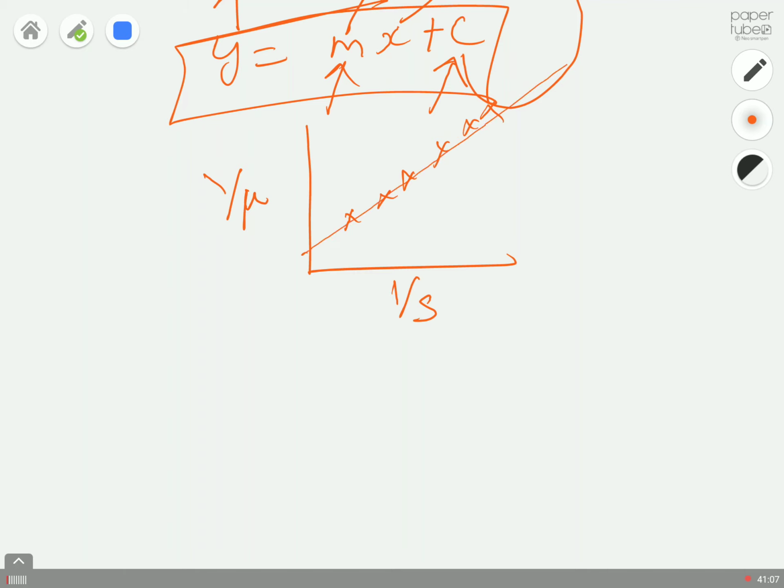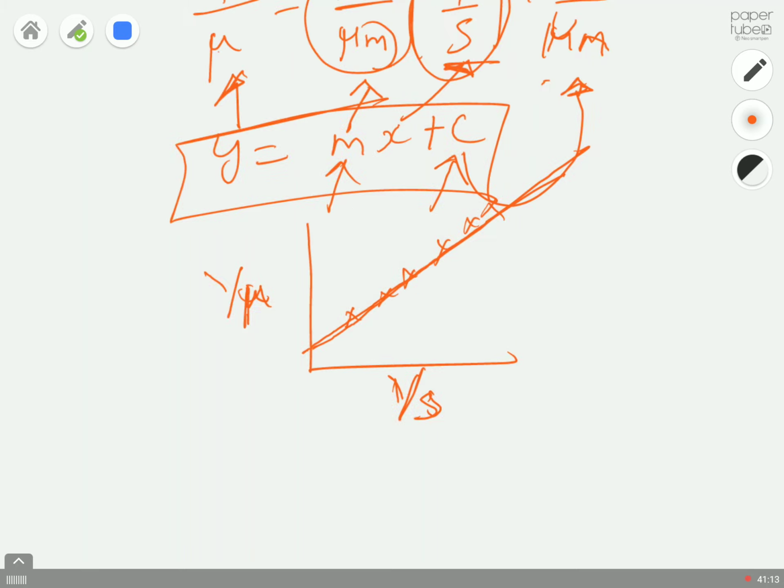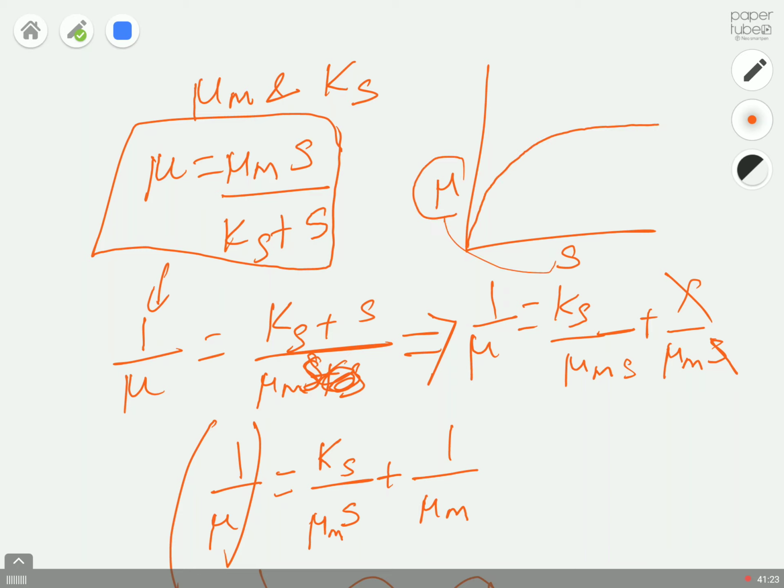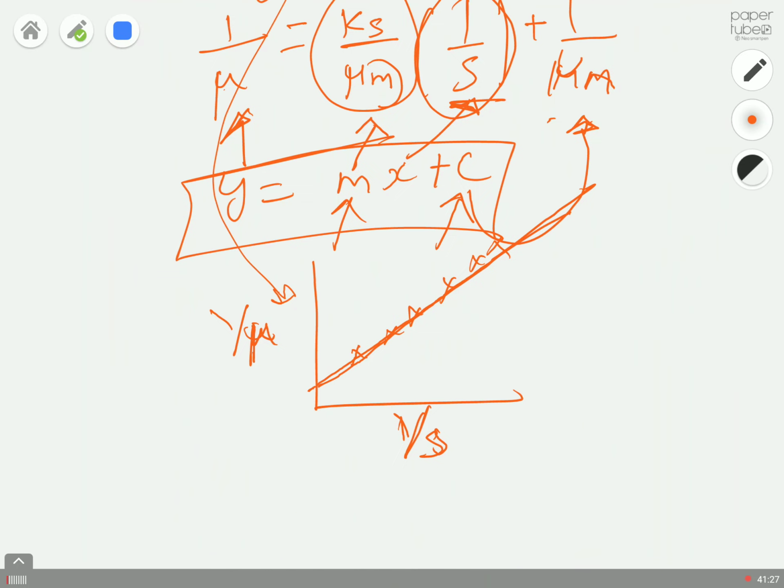You get a linear relationship between 1 by mu versus 1 by S. So what we did is take a non-linear relation, because you have a non-linear relationship between specific growth rate and substrate, and made it into a linear type relation, 1 by specific growth rate and 1 by substrate. There exists a linear relationship between these two values.